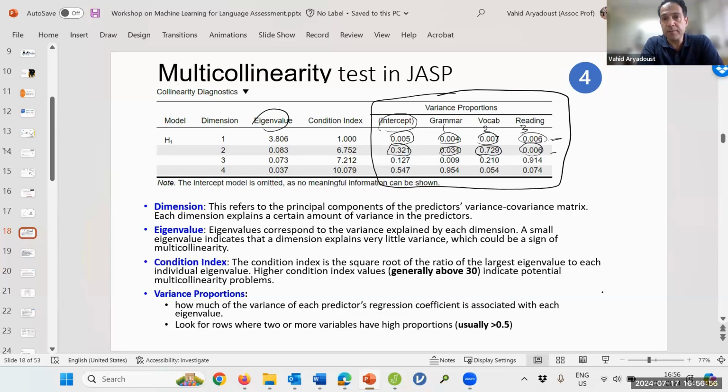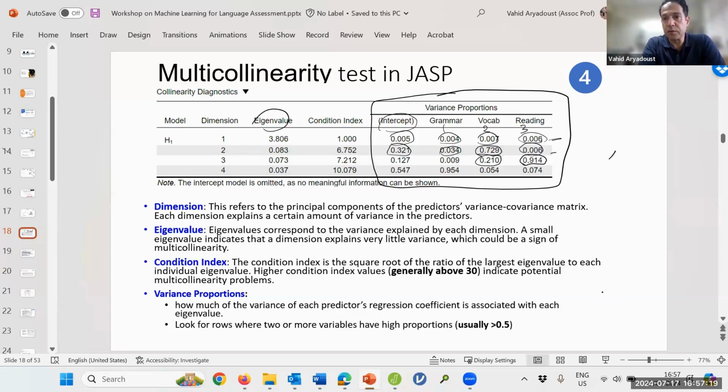And in the same way, if you look at the third row, readings coefficient or readings variance proportion is pretty large. This one is still negligible because it's smaller than, let me write this again.